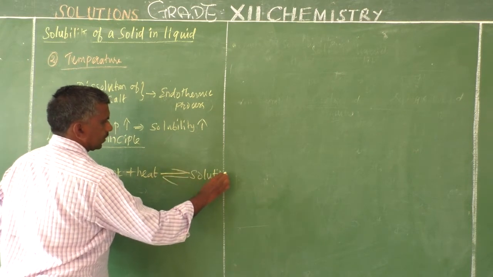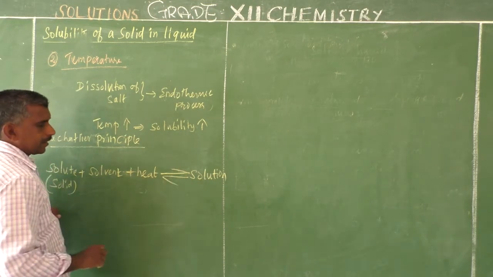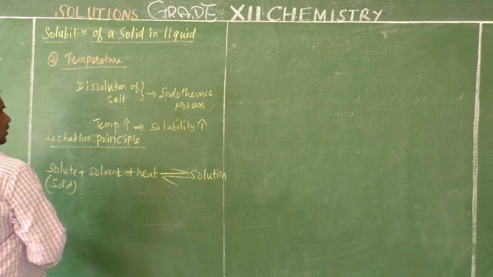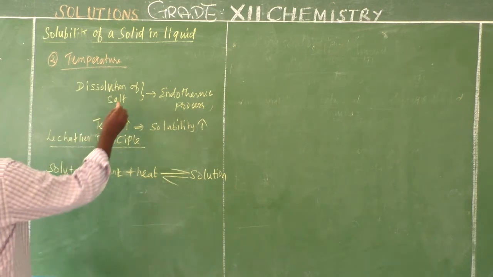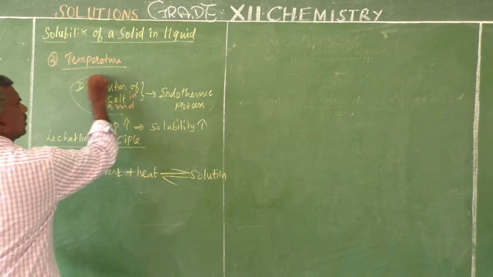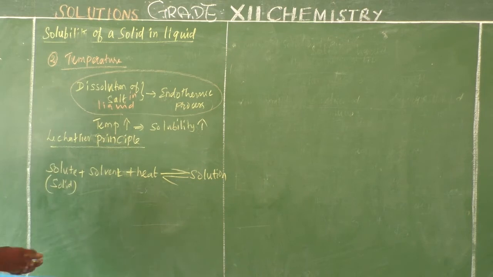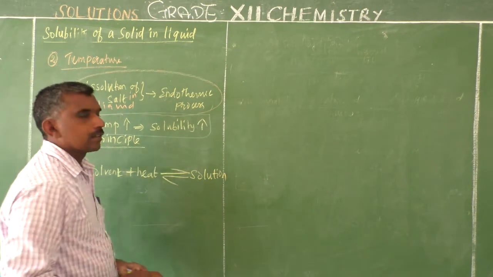This is endothermic: when temperature increases, dissolving increases. This is the dissolution of salt in liquid, so temperature increasing means solubility increasing.